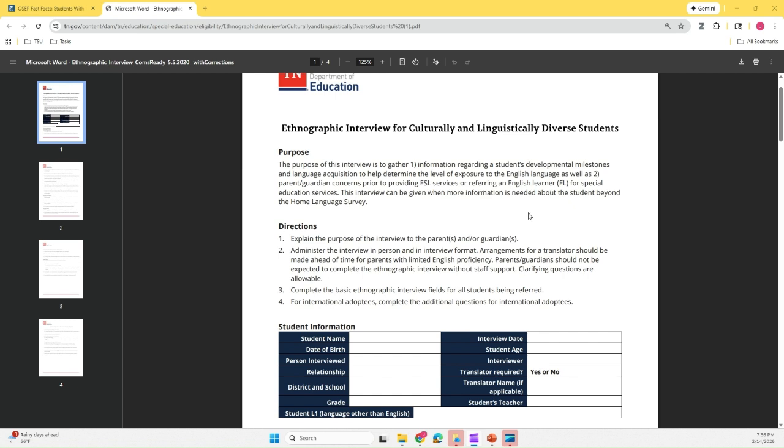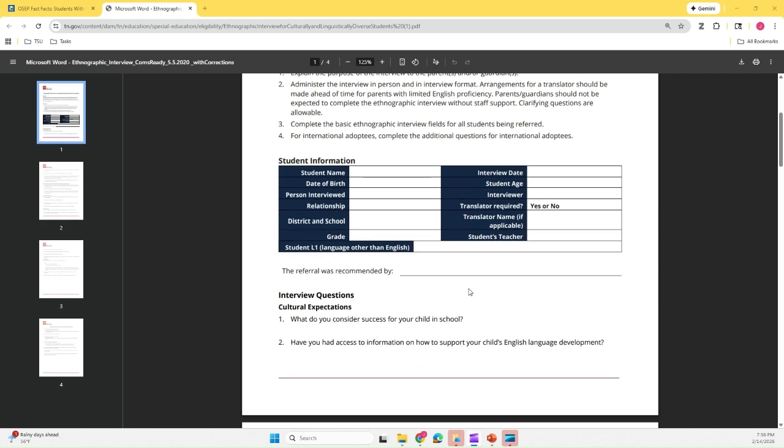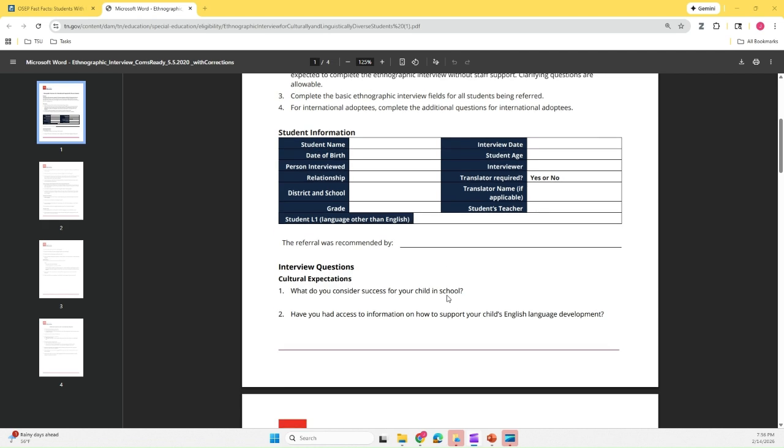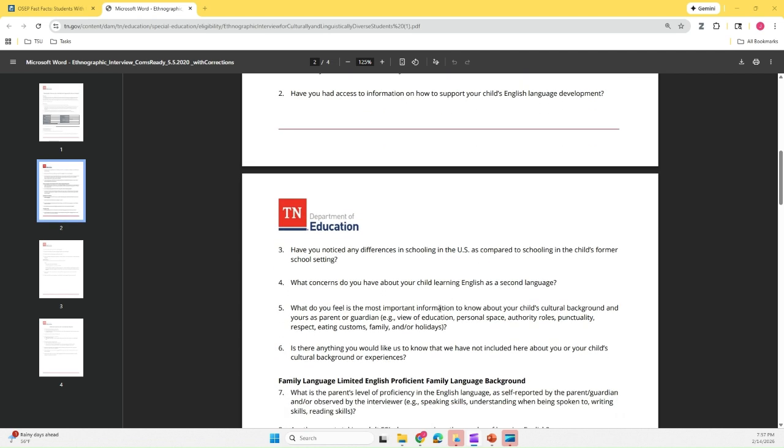Now, this parent interview allows educators to gather deeper insights into students' background, like language use at home, prior schooling experiences, learning experiences, any concerns that the family might have.